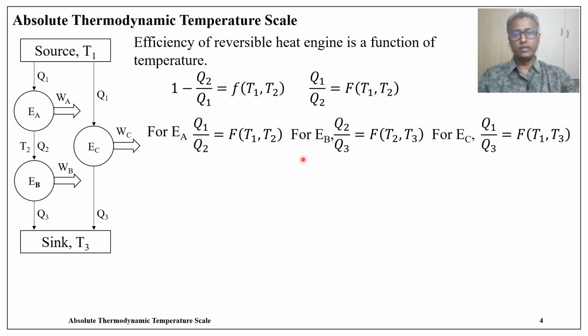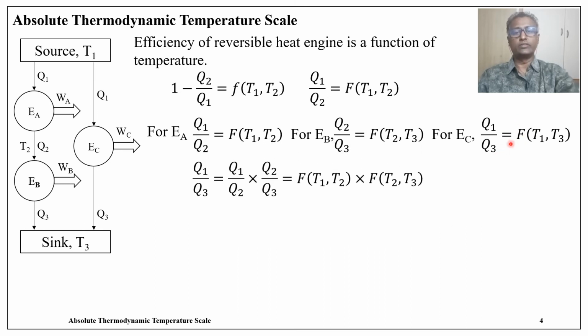For engine C, Q1 by Q3 is a function of T1, T3. So Q1 by Q3 is equal to Q1 by Q2 multiplied by Q2 by Q3.